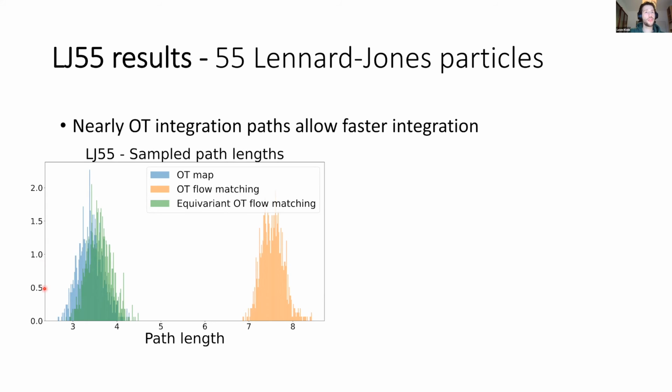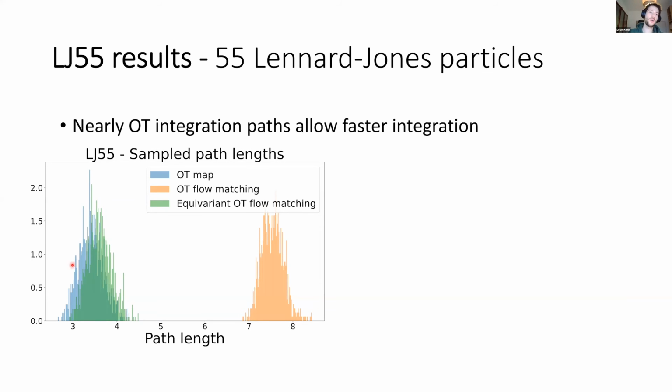And what I mean here with the optimal transport map, because of course the global optimal transport map is intractable, but what we use here simply, we look at prior and output samples from the Boltzmann generator and draw a straight line between them and take the distance for those. So if we match these OT samples, or what I call OT samples, then our integration path would be straight lines.